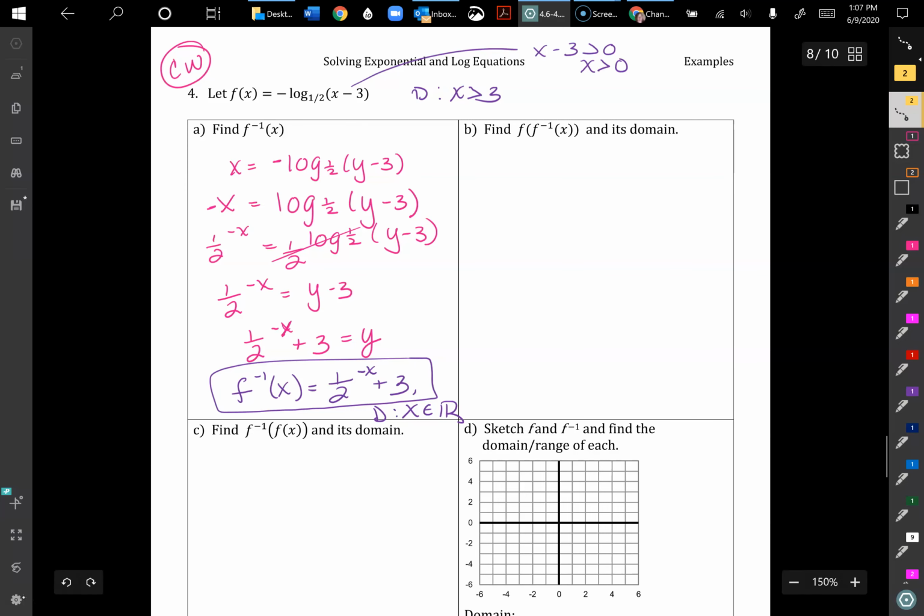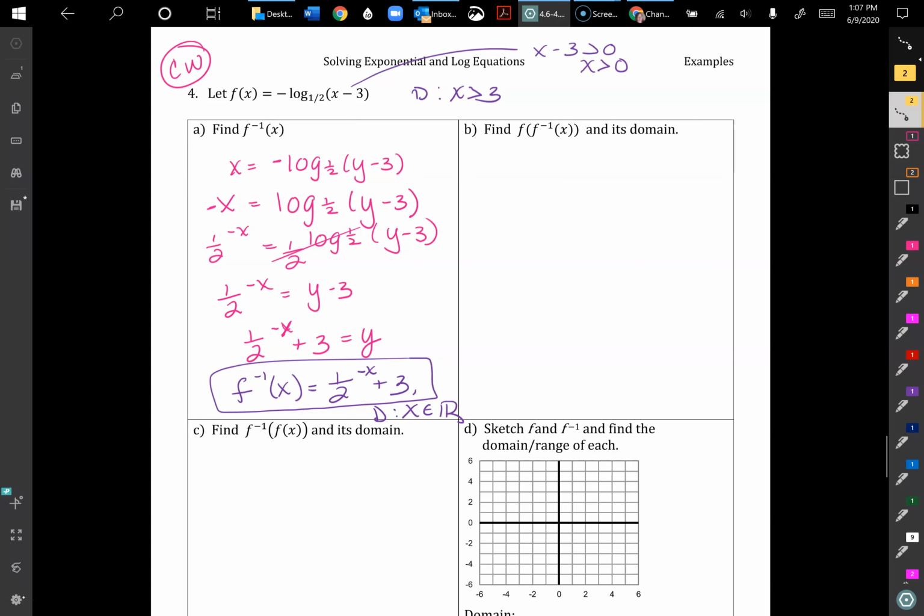But when I go to do the inverse now, even though I just have an exponent up here, I have to make sure that my range, you'll notice, will be greater than 3 to match up here. So if those numbers aren't coming out right, you can tell.